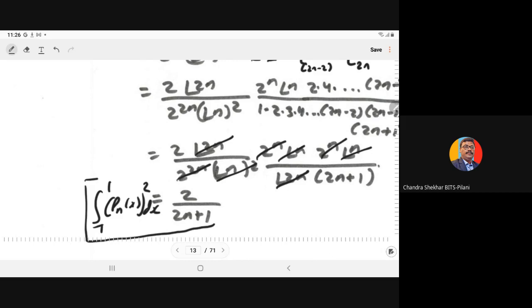So when m is not equal to n, this integral is equal to 0. If m is equal to n, then this integral is 2 upon 2n plus 1. So that is the proof of the orthogonality.